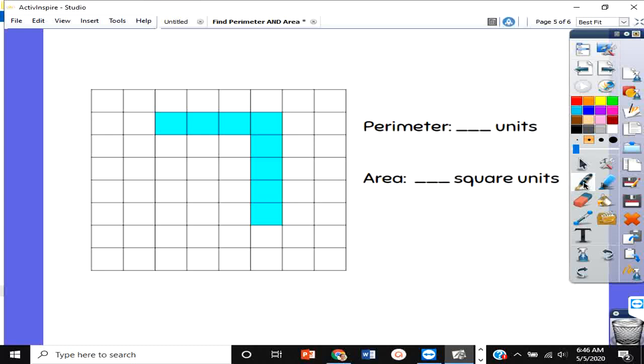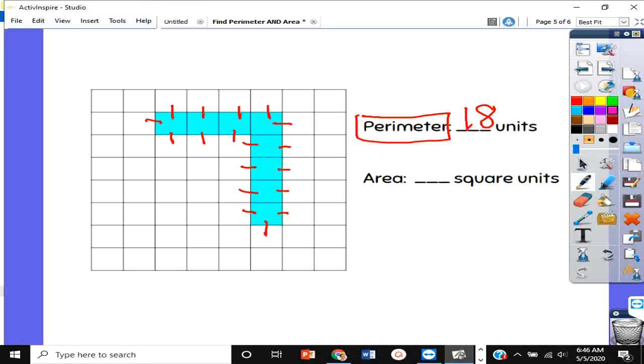So let's go ahead and find the distance, or the perimeter, around the figure. 1, 2, 3, 4, 5, 6, 7, 8, 9, 10, 11, 12, 13, 14, 15, 16, 17, 18. The perimeter is 18 units. Did you get the same amount?